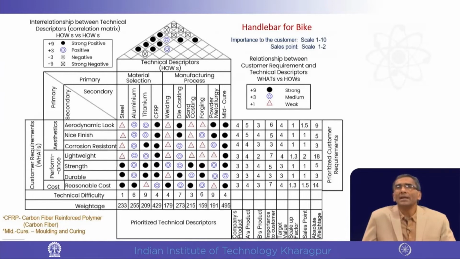I would like you to see that on the extreme left hand side are the customer requirements, and on top, just below that triangle, you would see the technical descriptors or hows or engineering requirements. Now, both the customer requirements as well as the engineering requirements can be broken into sub parts, like primary requirement, secondary requirement, and if required tertiary requirement and so on.